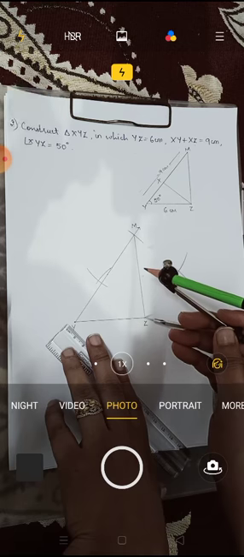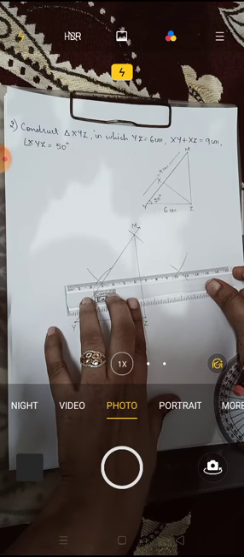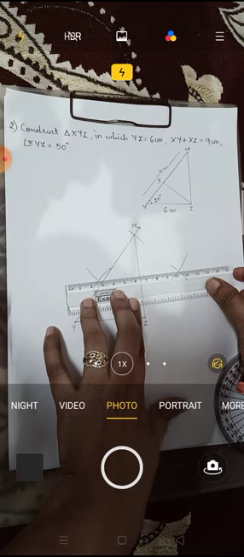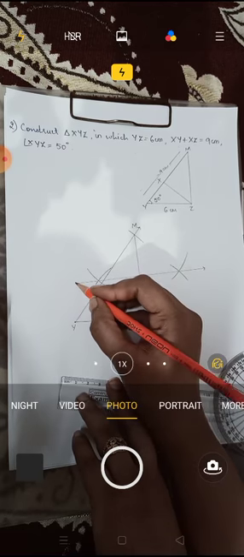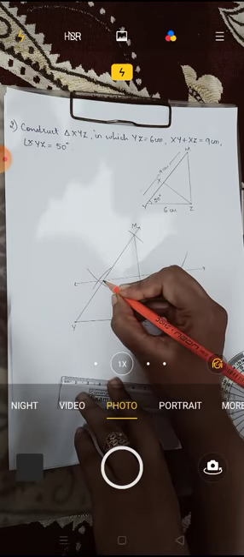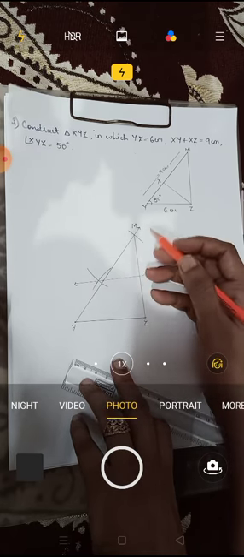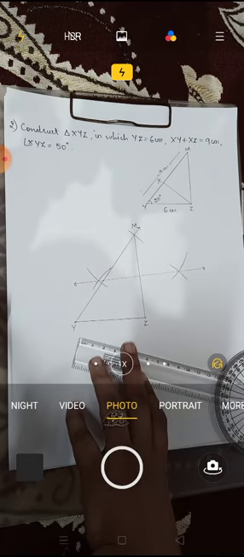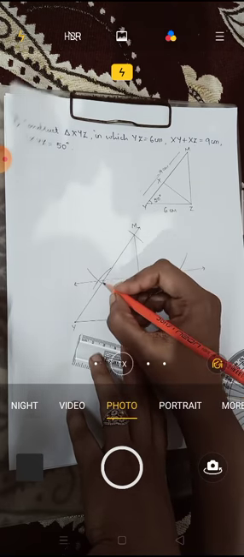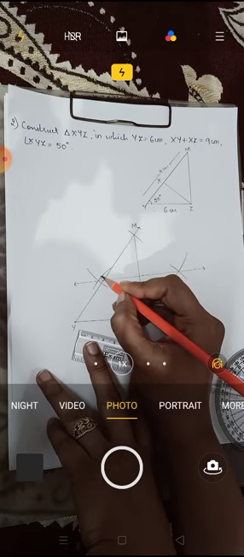Okay, join the line, draw the line, then name the point of intersection of ray YM and the perpendicular bisector of segment MZ. You will name it X, this side. So write X.